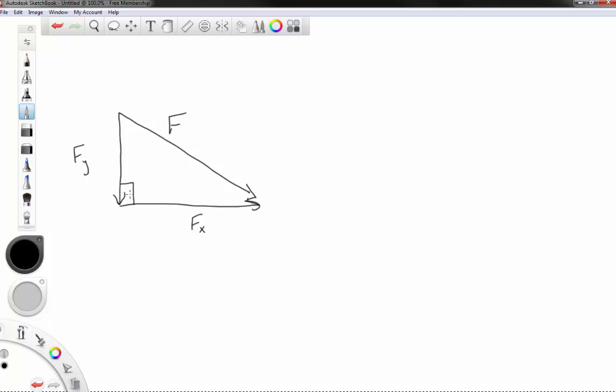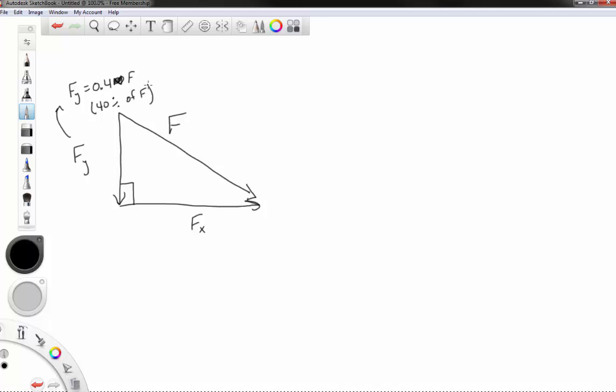X and Y are always at 90 degrees with respect to each other, and it was said that Fy is equal to 0.4 F. That's the same thing as saying it's 40% of F.